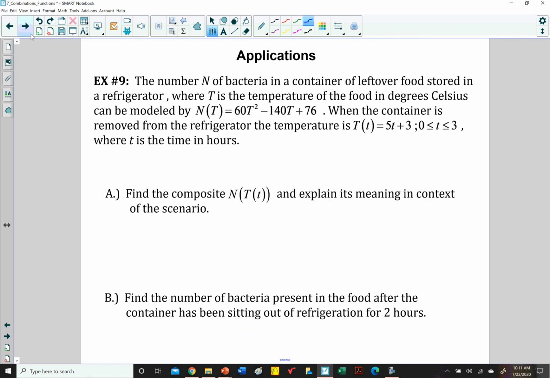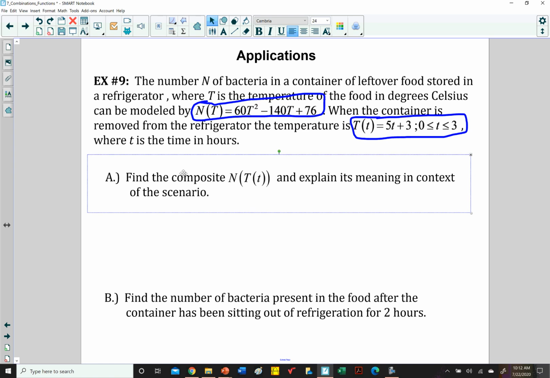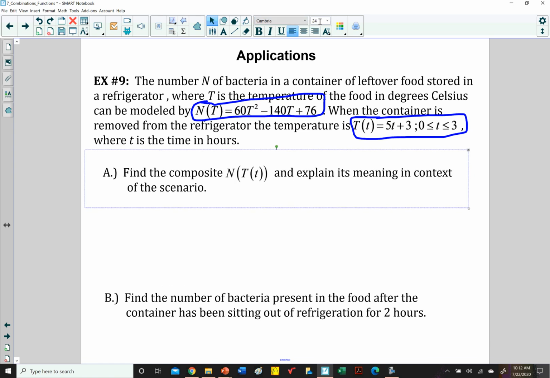And then the last one: the number N of bacteria in a container of leftover food stored in a refrigerator, where capital T is the temperature of the food, can be modeled by this function. When the container is removed from the refrigerator, the temperature is 5t plus 3 on 0 to 3, where t is the time in hours. Can you find the composite function and explain the meaning in context?